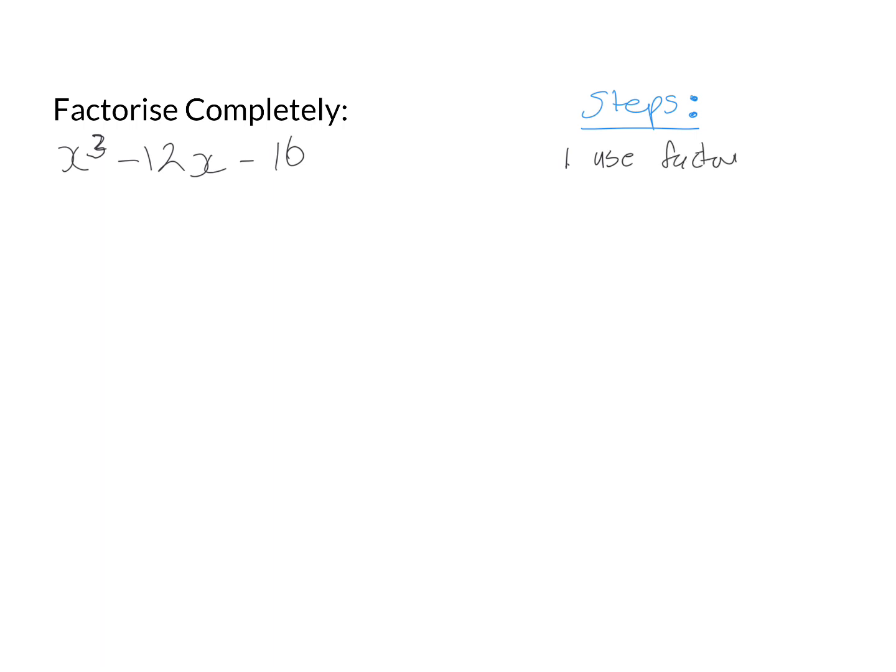So step 1, we're going to use the factor theorem. What that says is that I'm going to find factors of the constant and factors of the leading coefficient. The leading coefficient is, in this case, 1, and my constant is negative 16.